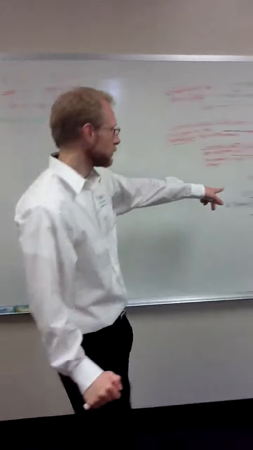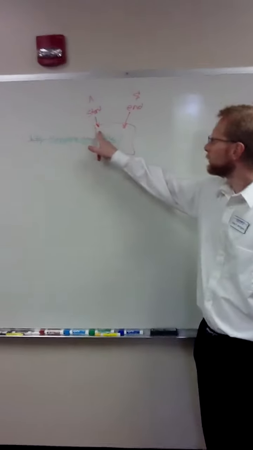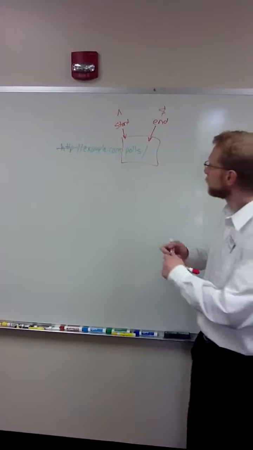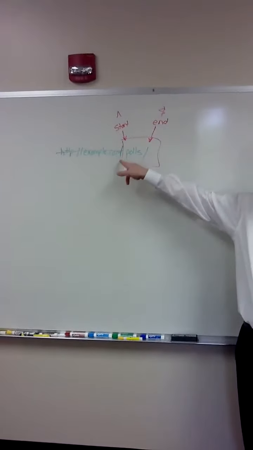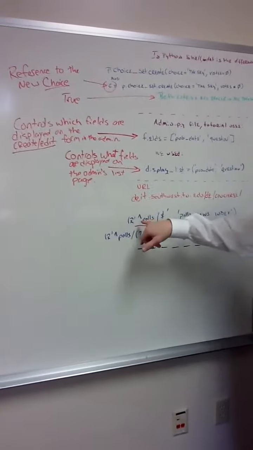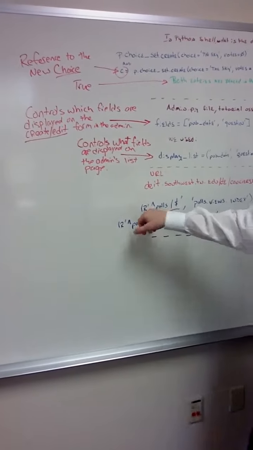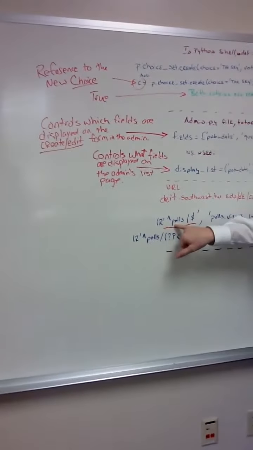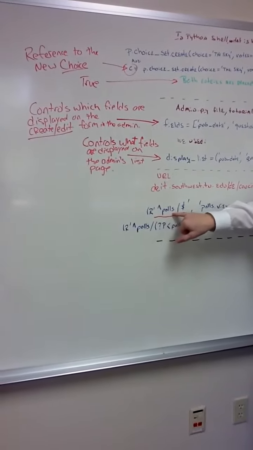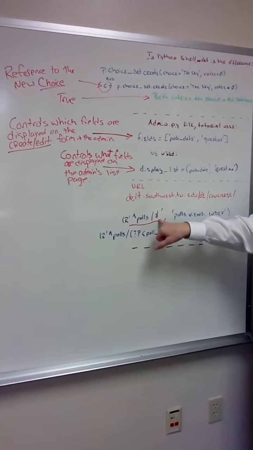So let's look at this one. Actually, I drew my box in the wrong place, so it doesn't get that first slash. Starting at the very beginning of whatever URL you've captured, the stuff in this box, it tries to match a URL that says polls with a slash after, and absolutely nothing after that.